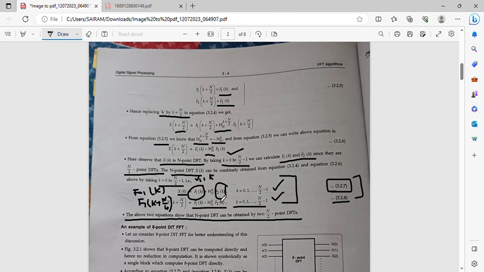Instead of f1 of k and f2 of k, we write v11 of k and v12 of k, and here we write omega of n by 2 whole to the power of k. Why n by 2? Because it is omega 4 to the power of k. Here it is omega n, that is omega 8 to the power of k. Here it is omega 4 to the power of k. That is why we write it like that.